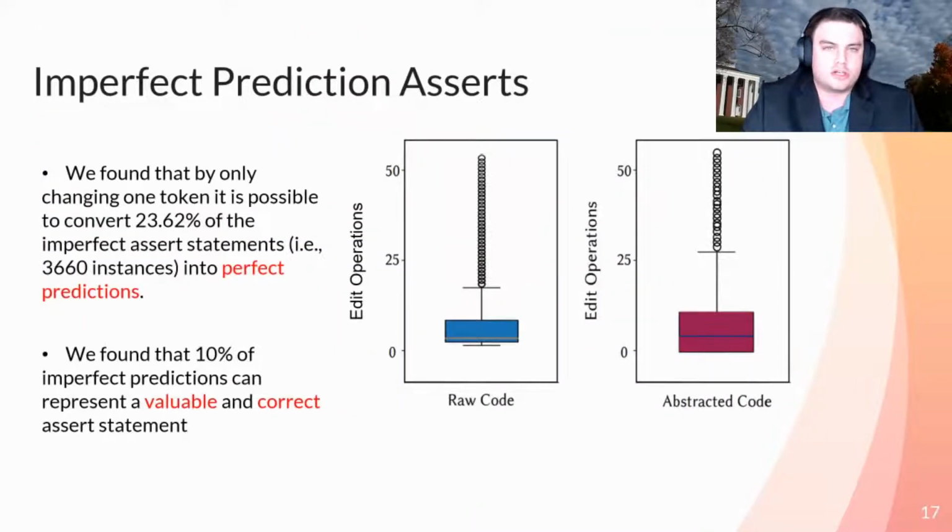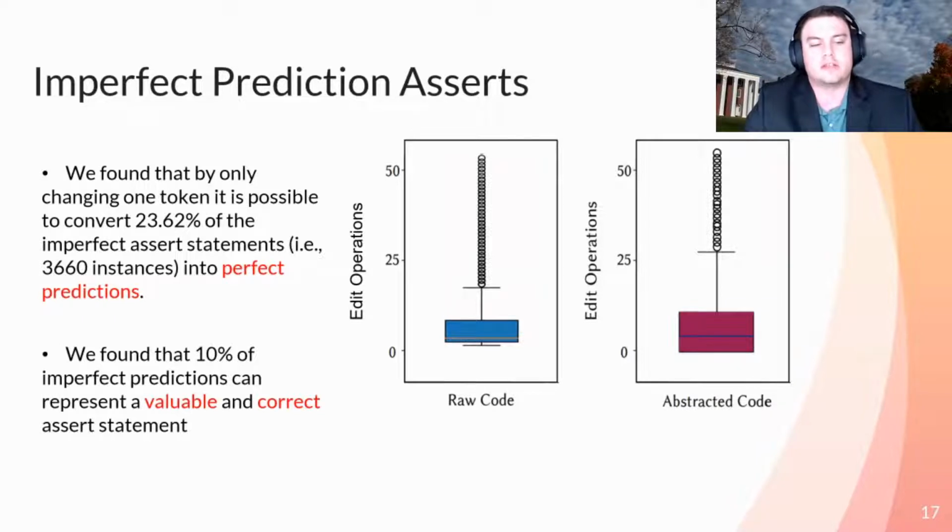We also didn't want to just look at perfect predictions. We also wanted to look at the imperfect predictions of the model. We found that by only changing one token in the imperfect predictions, meaning that the prediction itself was not exactly what the developer had written, we can see an improvement of 23.62% of the imperfect assert statements into perfect assert statements.